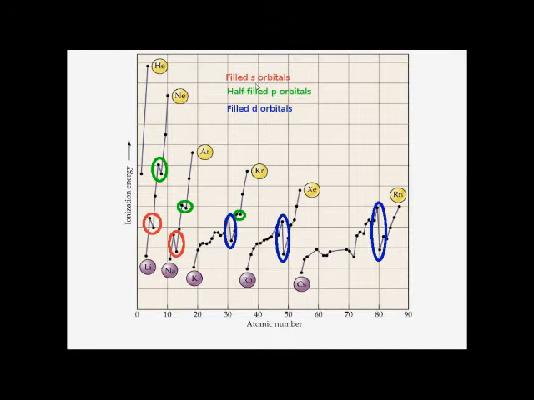So we see the filled S sublevels on period 2 and period 3 is obvious. We lose it beyond that. But on period 2 and period 3, we are seeing a dip after we complete our S sublevel.